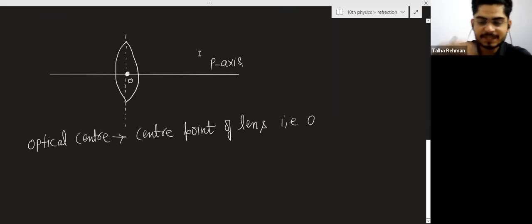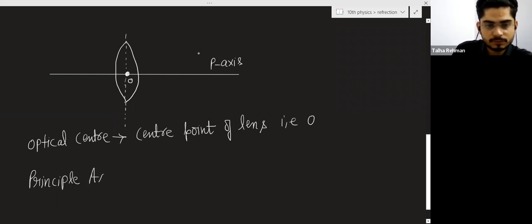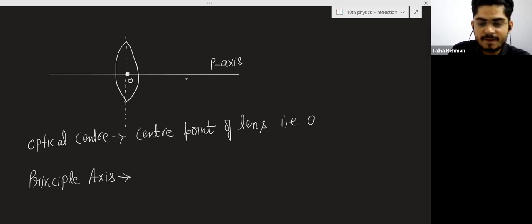So principal axis, this straight line which is perpendicular to both the surfaces, is known as the principal axis. So write for the principal axis.